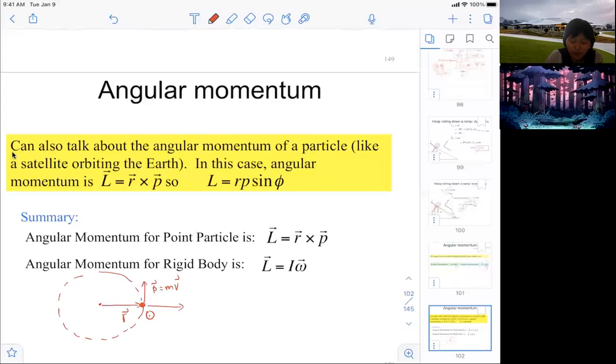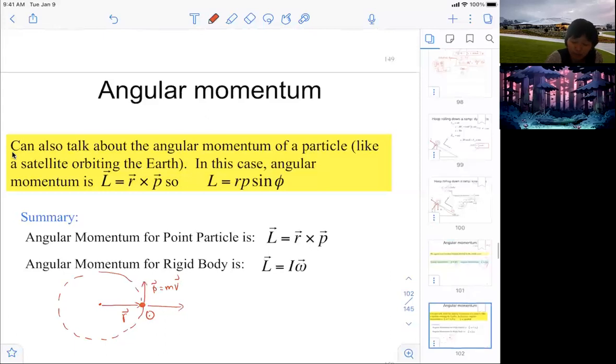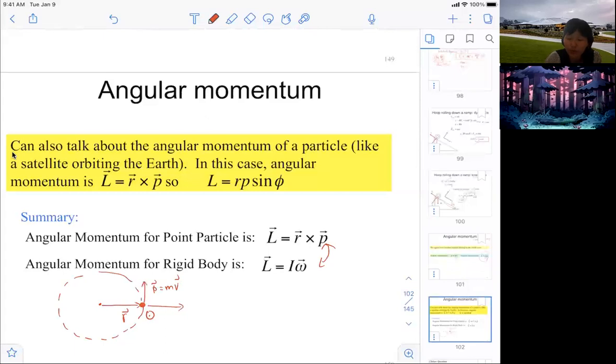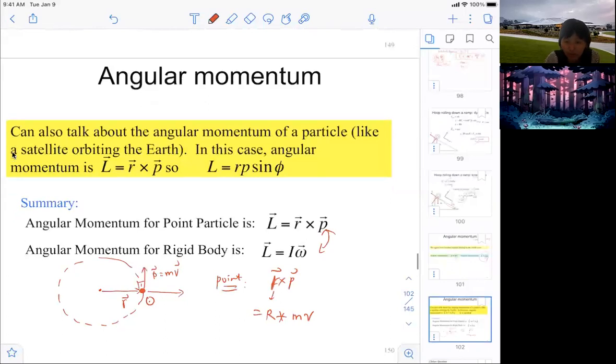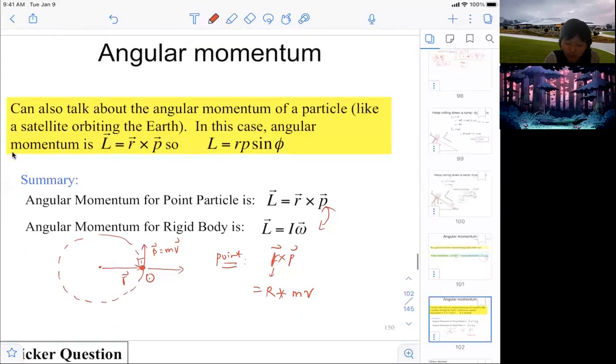Okay. You can also see L equals r cross p can be translated back and forth to I omega, because for a point particle, r in this case is little r cross p, right? r is the radius in this case. p is mv. And at this point, they have a 90-degree angle. So the cross product between two vectors is A times B times sine theta. So sine 90 is 1. So this reduces to r m v.